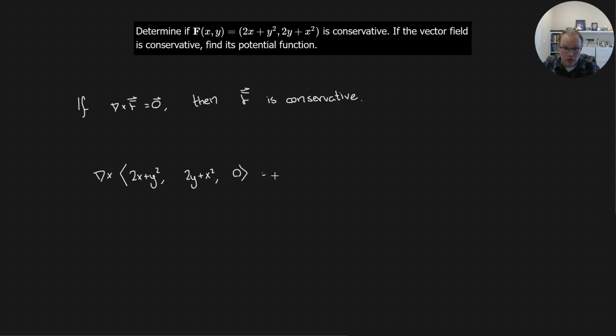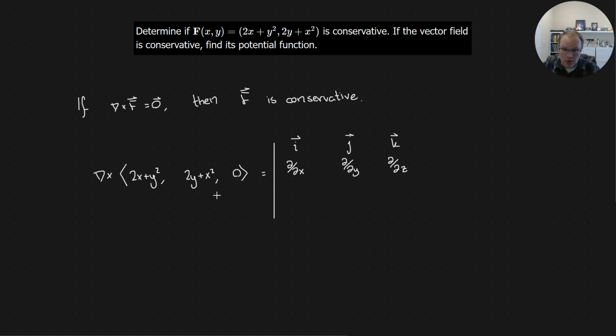Okay, so to find the curl, my first row is i, j, k. My second row is the vector of partial derivative operators: partial x, partial y, partial z.